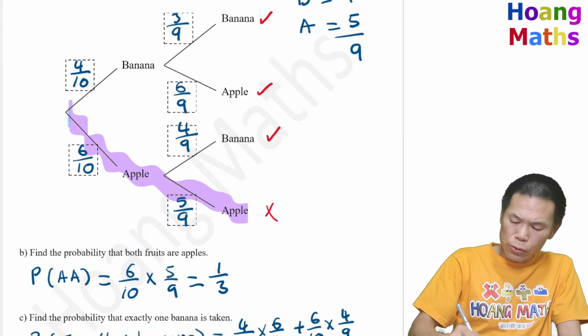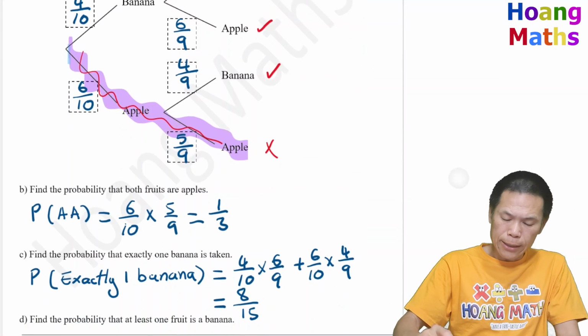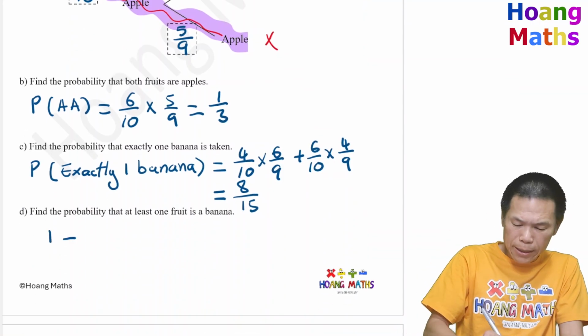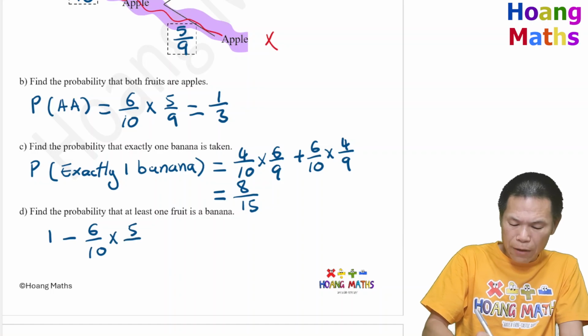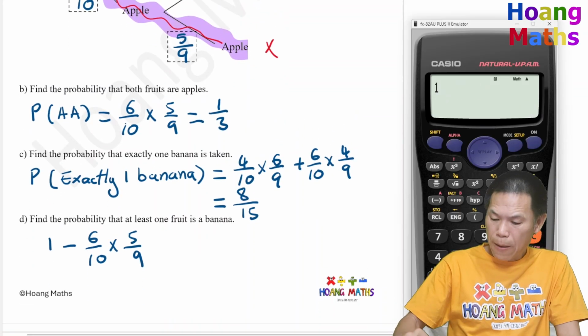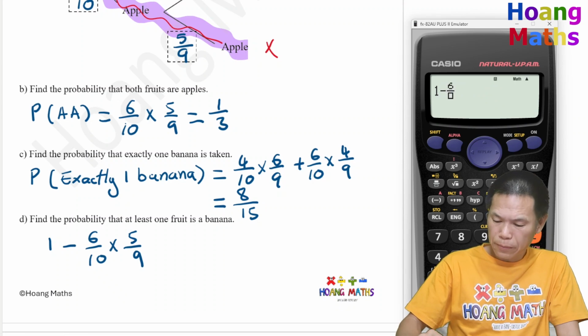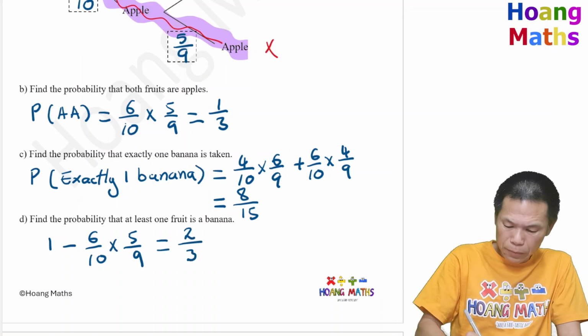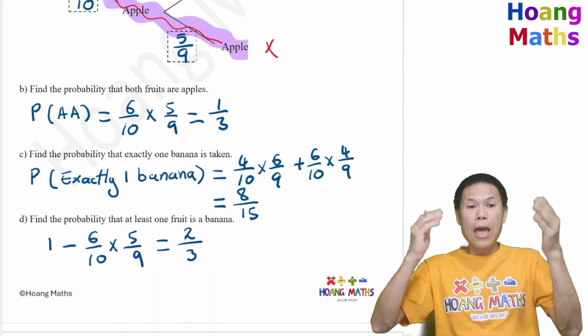So we just need to have 1 minus this one out. 6 10 times 5 9. So we just go 1 minus 6 10 times 5 9. So there you go, 2/3.